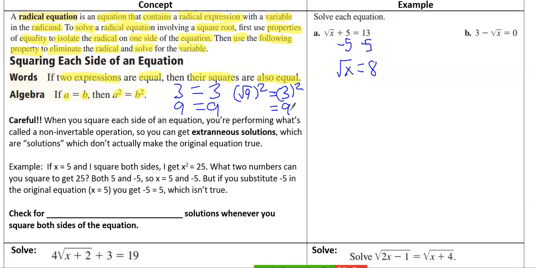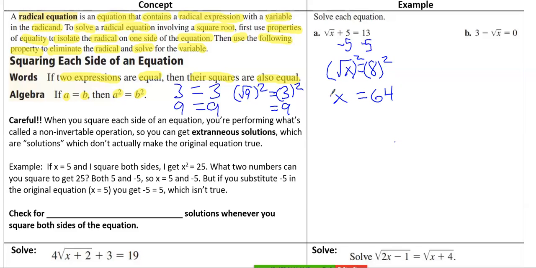So when you square a square root, you just get what's in the radicand. Perfect. So we're going to use this property where we square both sides. If I square that, I get x equals 64. Cool. It looks like we're done.